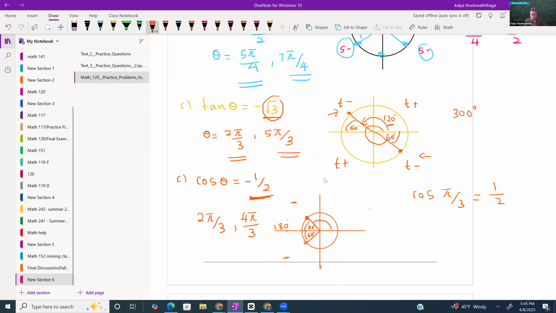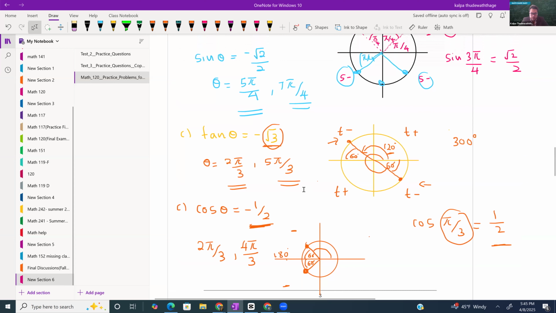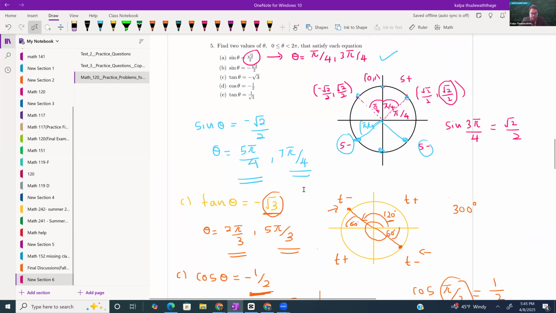Okay, these are the two angles. 60 I got because cosine 60 is half. So there are two angles that give me cosine theta negative half: 2 pi over 3 is in my second quadrant, 4 pi over 3 is in my third quadrant.